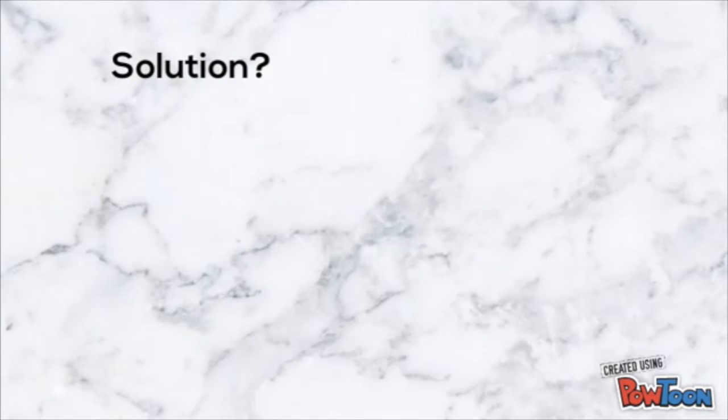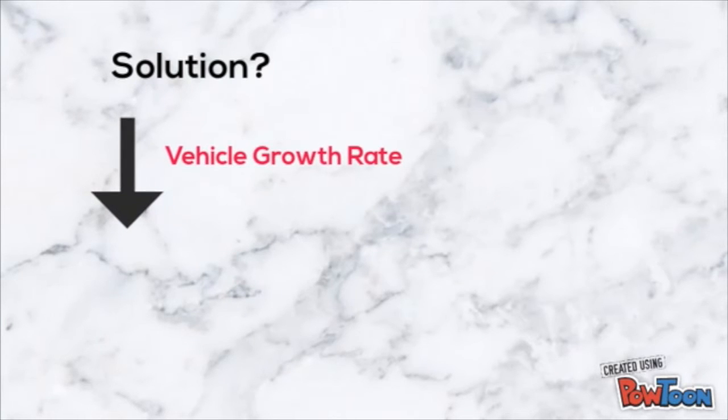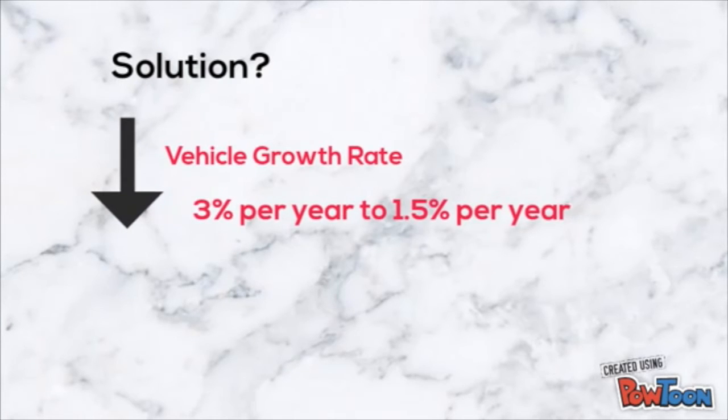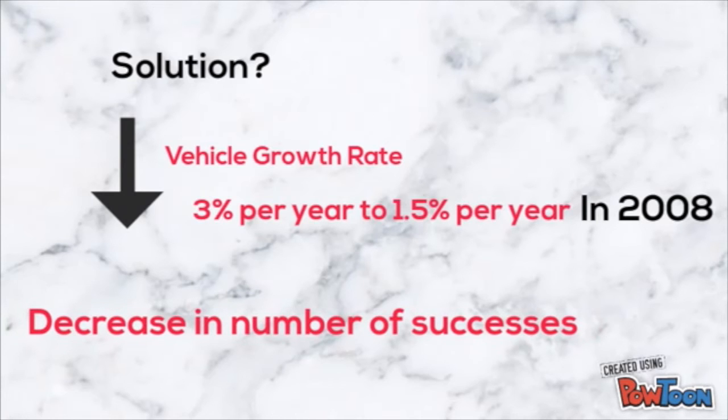As a result, the LTA decided to decrease the vehicle growth rate from 3% per annum to 1.5% per annum in 2008. This may be a possible reason for the decrease in the number of COE bid successes, especially in the year 2008.